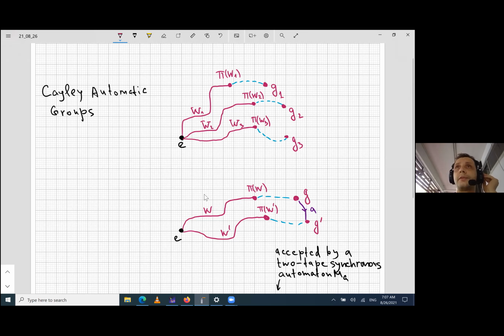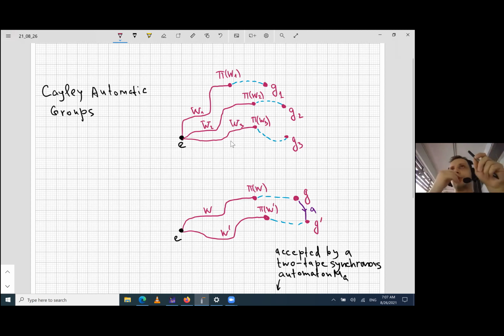If your group is automatic, then you can always narrow this gap down to 0. But if your group is Cayley automatic and you keep exactly the same computational model, then you cannot do that, so you always have a gap. Now the question is how this gap grows.